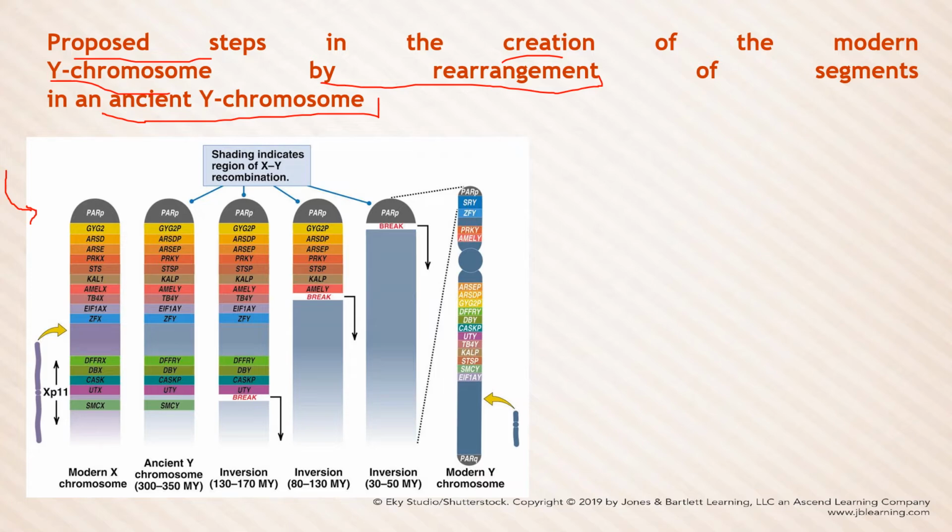I just have to remind you of the video where sex determination is more complicated than we previously expected. If you remember, in the ancestor, for example in reptiles like turtles, sex was determined by temperature. So males and females were determined by temperature. There were no genetic components.